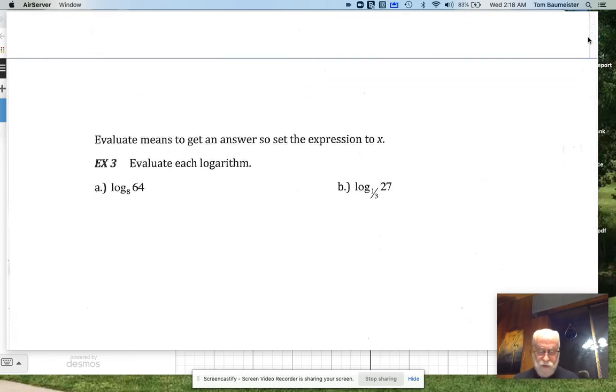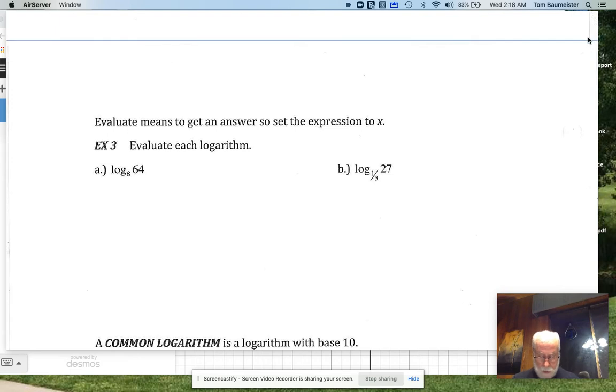All right, so evaluate means to get an answer, so set the expression to x, right? So if it says to evaluate each logarithm, go ahead and just set it equal to x. And then you're going to say the same thing like we were just saying. This base 8 raised to this power, x, is equal to 64.